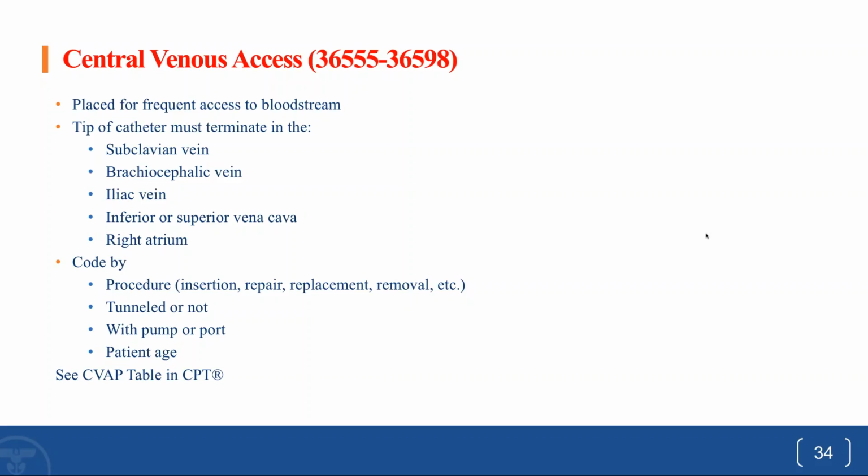If I said a patient was coming in to have an insertion of a venous access device and it is tunneled with port. Okay, or you could have tunneled with pump. If it was tunneled with pump, in the chat box, what would my answer be?